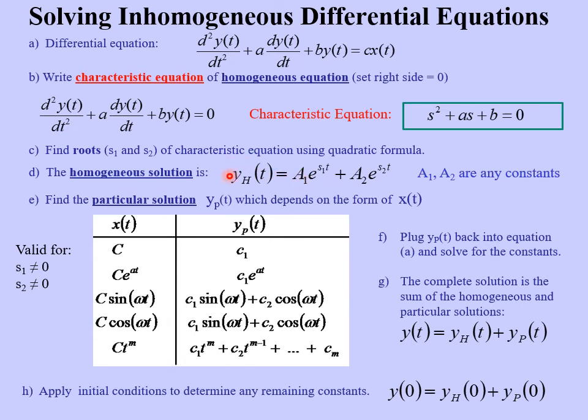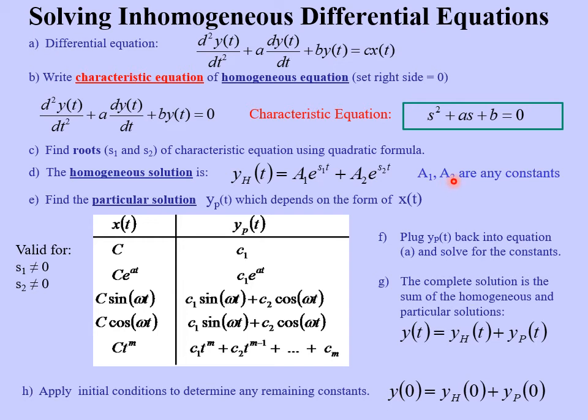So here, y, notice the little h here to remind us that this is not our final answer, but this is part of our answer. Part of the solution here is the homogeneous solution. So, as always, it's some constant a1 times e to the s1 t, where s1 is one of the roots, plus a2 times e to the s2 t, where s2 is the other root, and a1 and a2 are just some constants that we're going to have to find later.